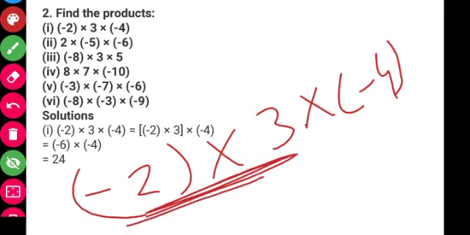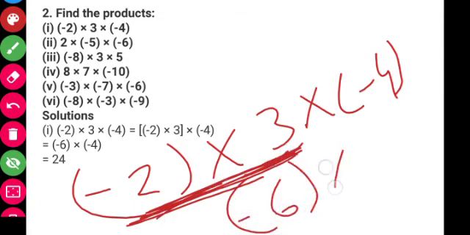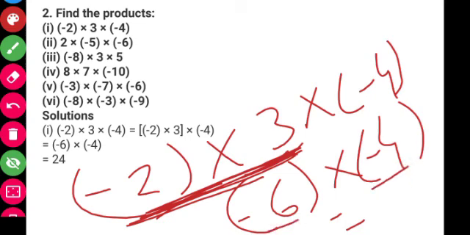So minus 2 and 3, one is negative and one is positive. When you multiply with different signs, it will be negative. So 2 threes are 6, so this will be minus 6 into minus 4. Now minus 6 into minus 4, both have the same sign, so 6 fours are 24, positive sign. Understand?